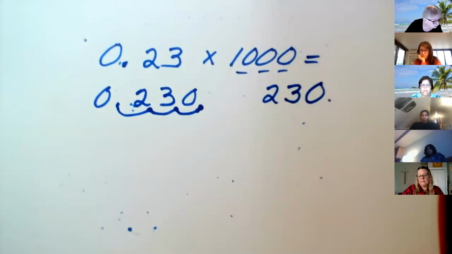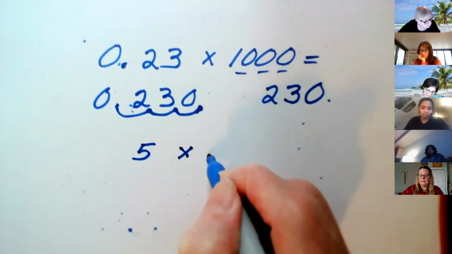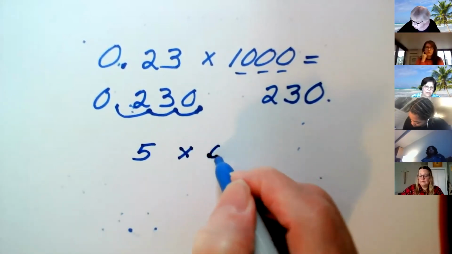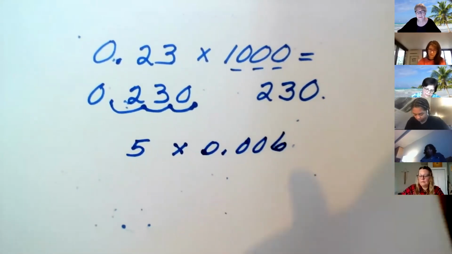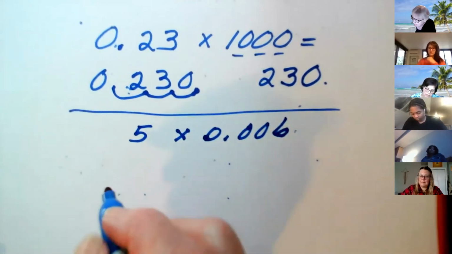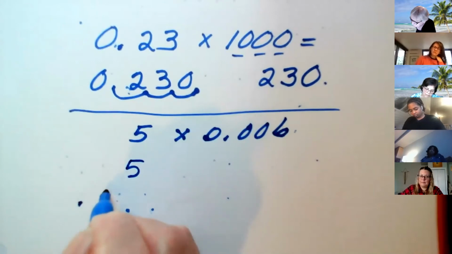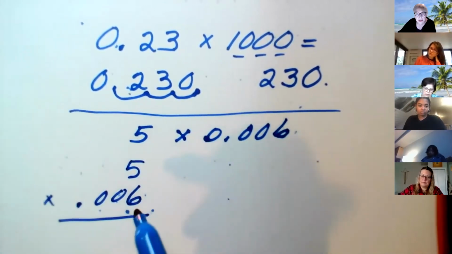Oh, here's a cute one. Let's try this one. 5 times 0.006. Okay. Well, I could, I suppose, write it vertically, although I'm not sure it's necessary.